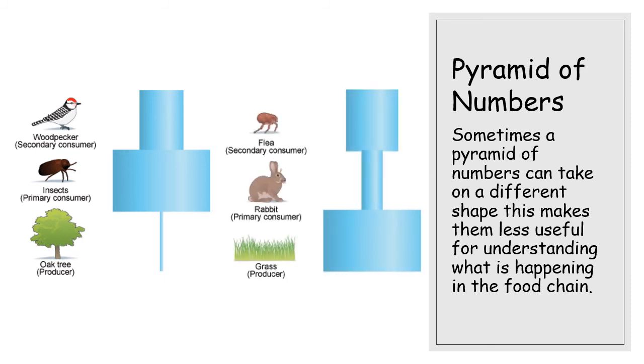Or we've got lots of grass able to sustain a good number of rabbits, but those rabbits can sustain a huge amount of fleas, because the fleas are very small, so a big number of fleas can live on one rabbit. So with both of those, we've got really odd shapes, not the classic pyramid shapes that you'd see sitting in the middle of Egypt. So we might have to do something about that to make sure we've got a pyramid that really shows what's happening within a food chain.